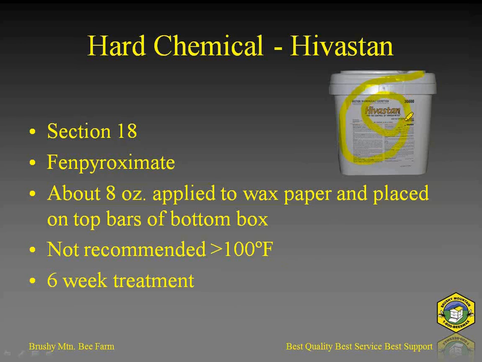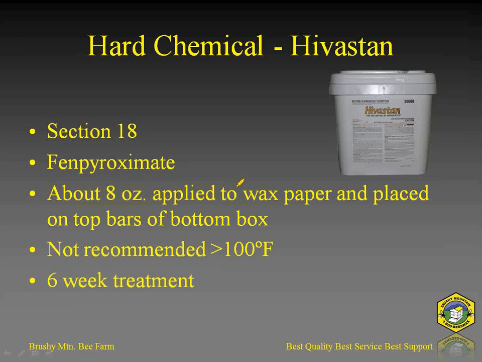It's just full of a gel material, and you take a scoop, about 8 ounces, and apply it to a piece of wax paper, cardboard, anything, and sort of make a patty on that piece of paper, and place it on the top bars of the bottom box if you're running 2 stories, a 2-story brood chamber.